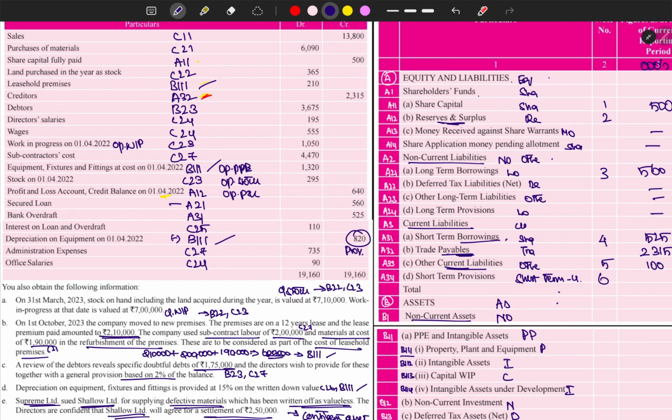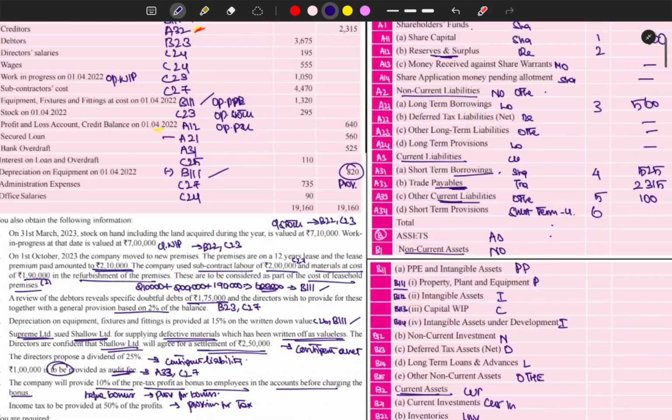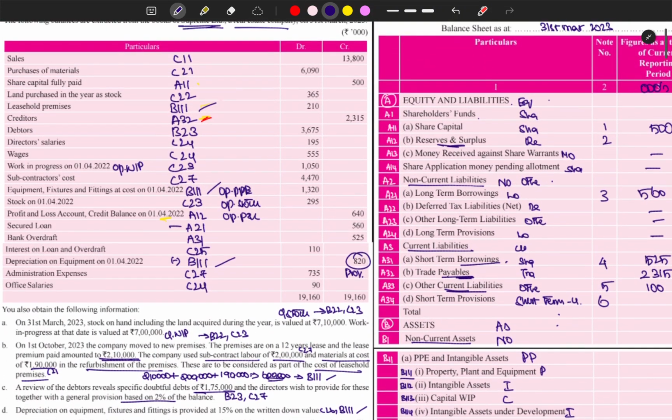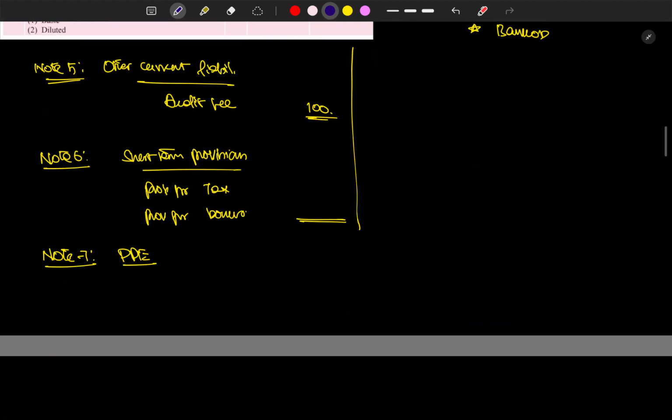We have to capitalize the 2 lakh and 1,90,000 into that. And before that, how much is the opening PPE? Opening PPE is 1,320.